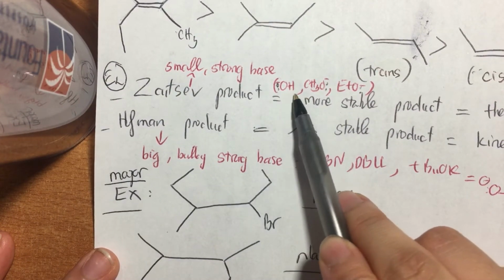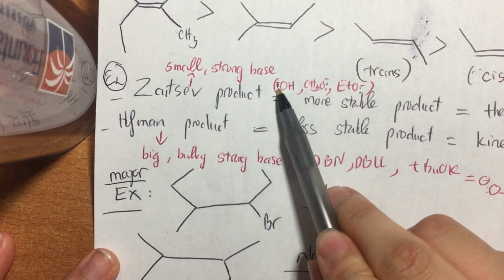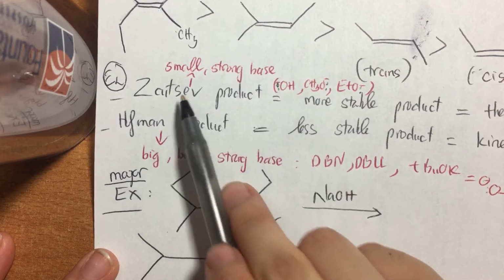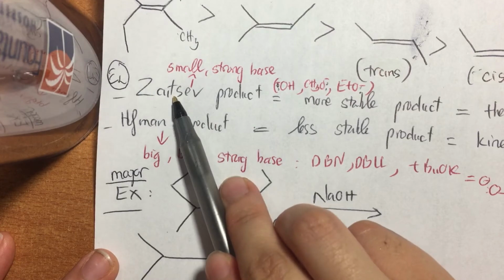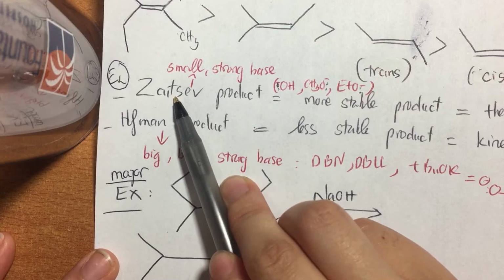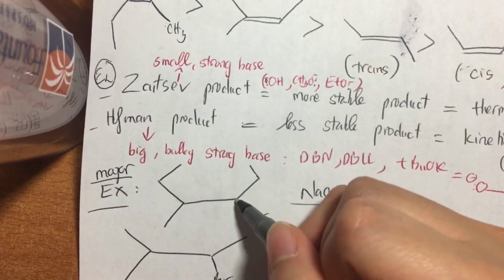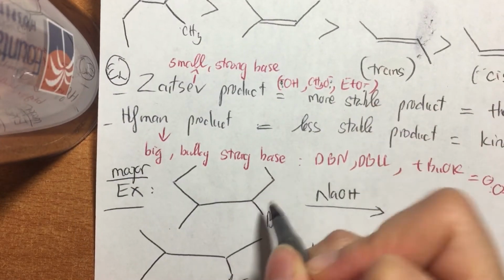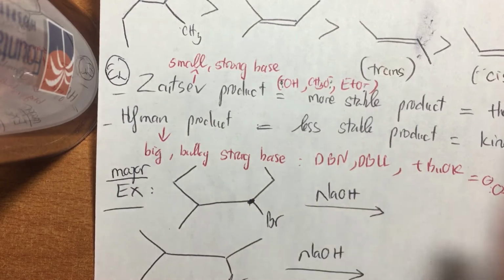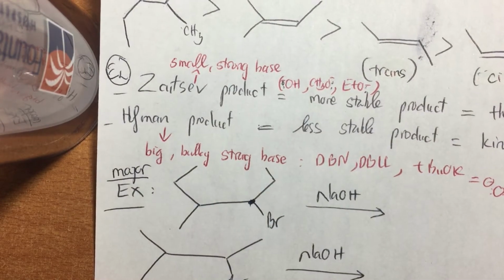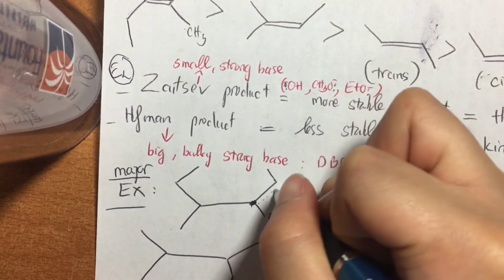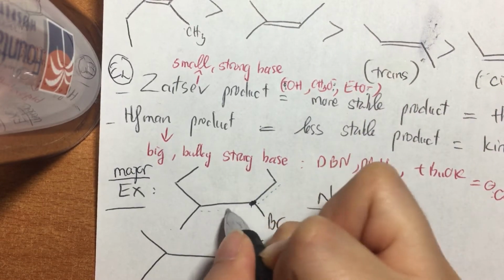It's actually OH right here, a small and strong base. So for sure, it gives me the Zaitsev product. Zaitsev product means a more substituted product or more stable product. So if I look at this, I have Br right here. So my double bond either can be formed on this side or on this side.